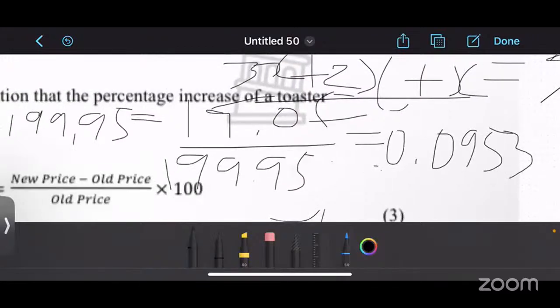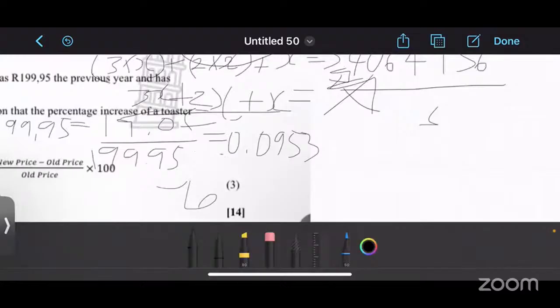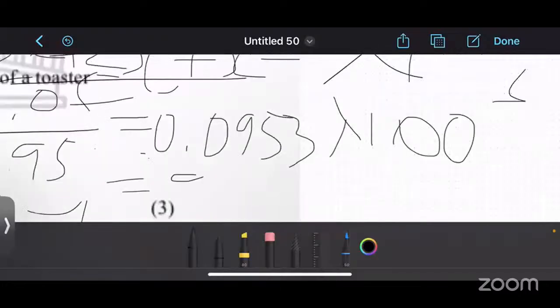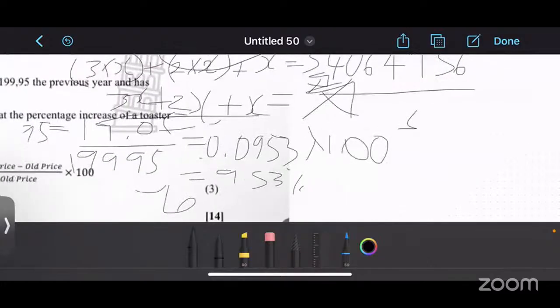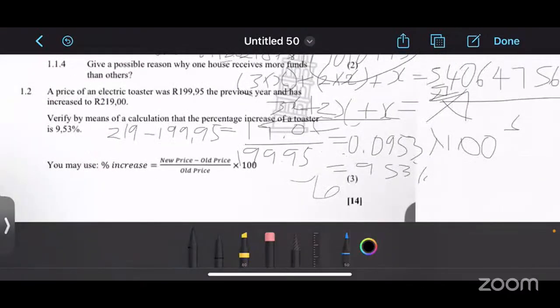Okay. And then turn it into a percentage, that's 9.53. So that means that the percentage increase of the toaster is 9.53%. Perfect. And that's what they call proving that that is correct. So you can say therefore it is correct, right?